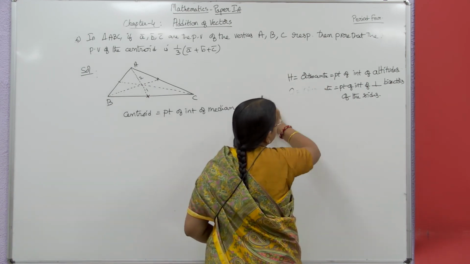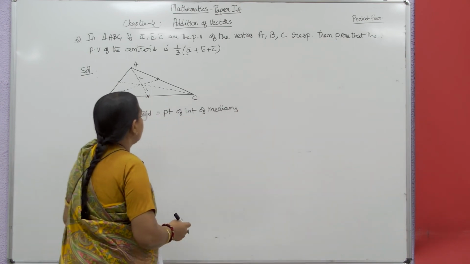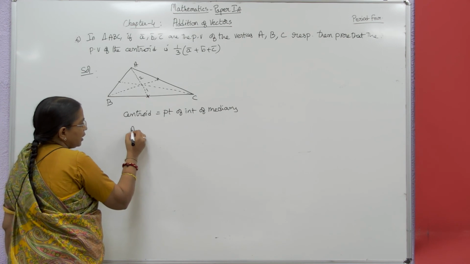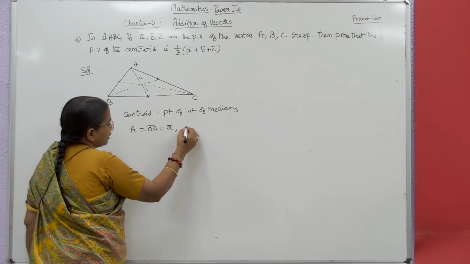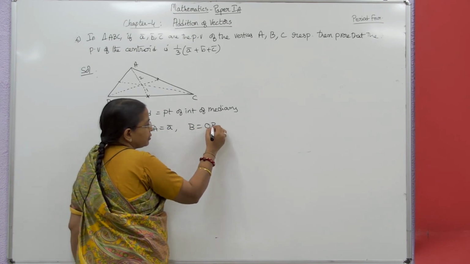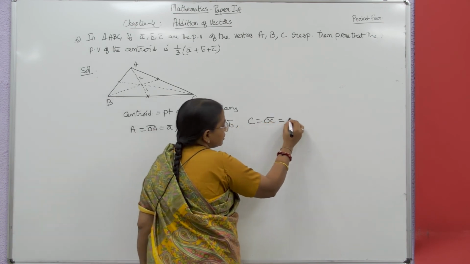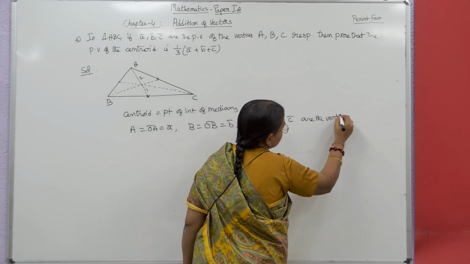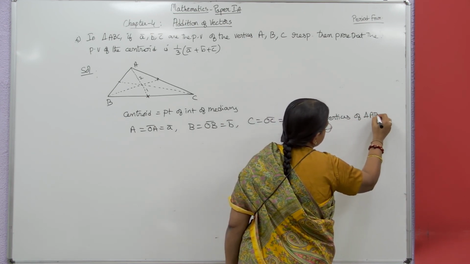Any one median is enough for us. We need not take all 3 medians. We are given that OA is A bar, OB is B bar, and OC is C bar, the position vectors of the vertices of triangle ABC.